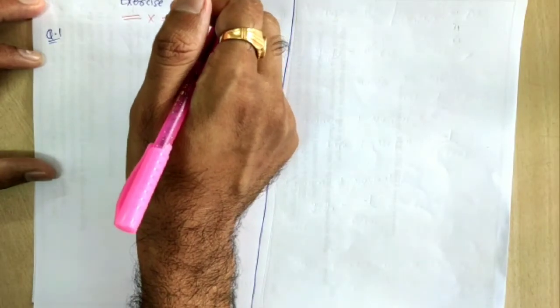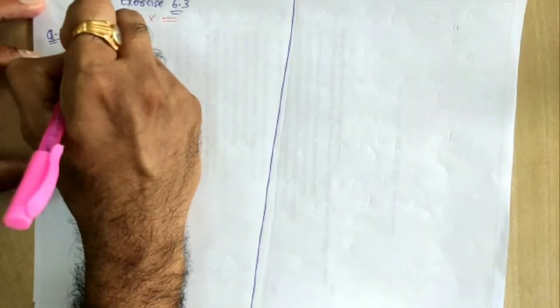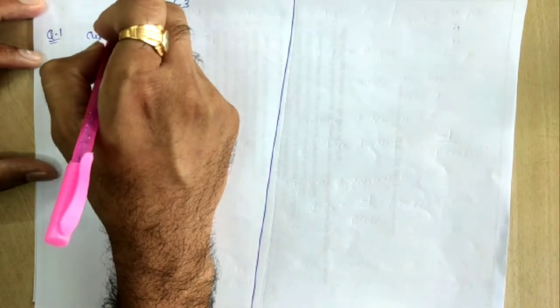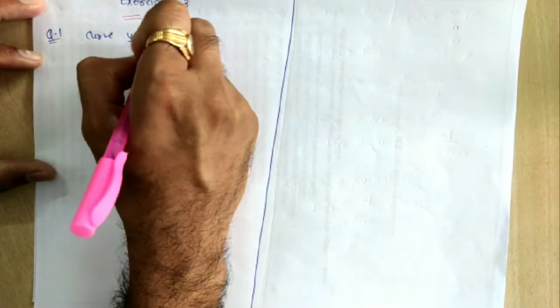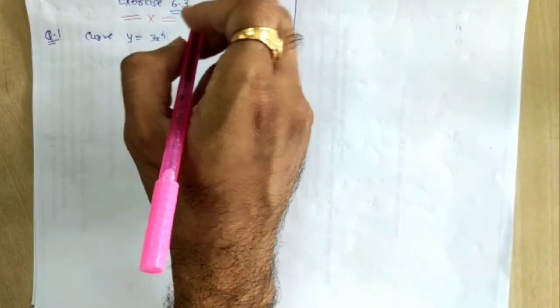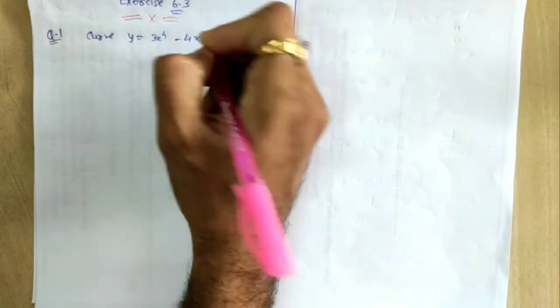Find the slope of tangent to a curve at x equal to 4. So the given curve is y equal to 3x raised to 4 minus 4x.